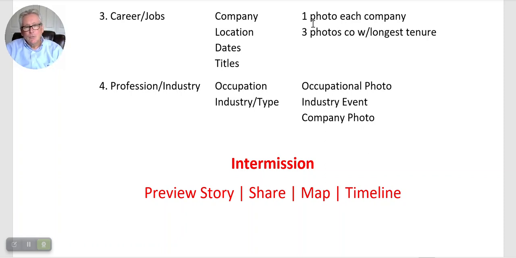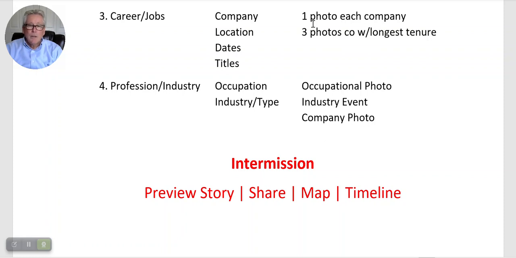And then what industry did you primarily work in? Did you work in financial services? Maybe you were in banking. Was it education? Maybe you were teaching. Healthcare, you were a nurse. Whatever the industry or job type you did, it's good to put that in to sort of summarize this part of your biography.